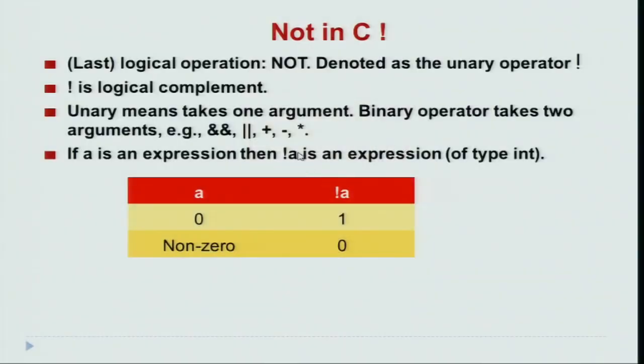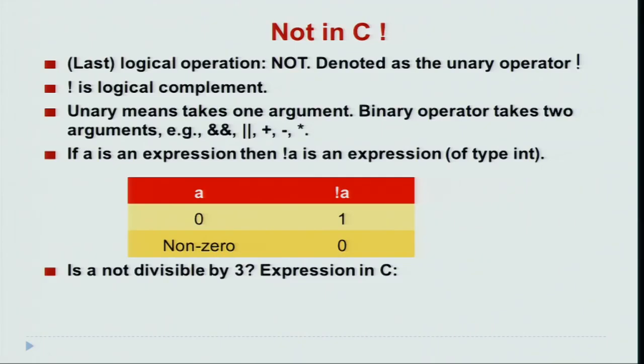NOT takes only one argument. So, it is called a unary operator. So, NOT of A is an expression of type integer and the value is the negation of A. So, if A is 0, NOT of A will be 1, and if A is not 0, then NOT of A will be 0.